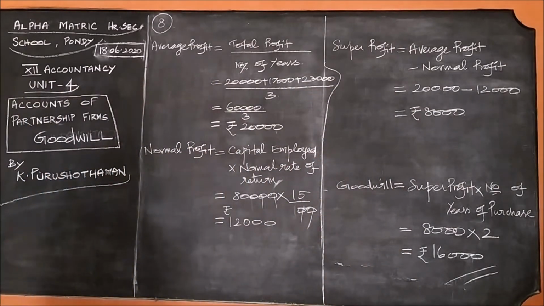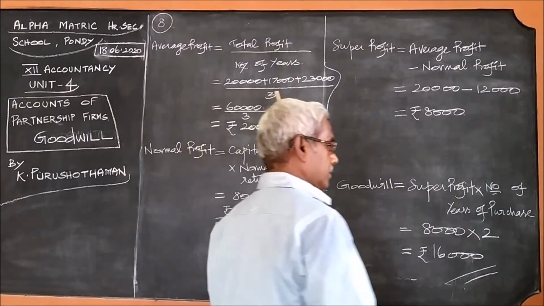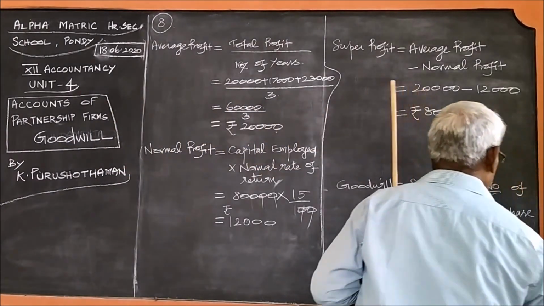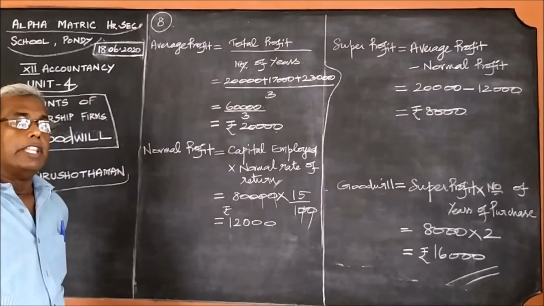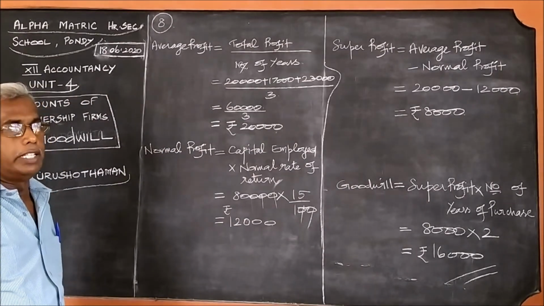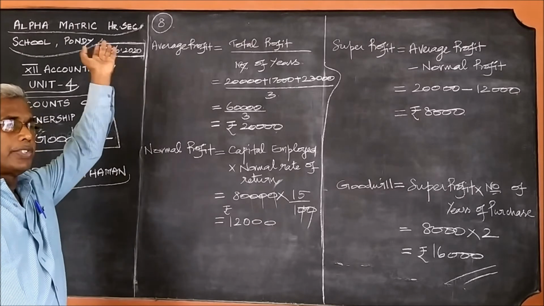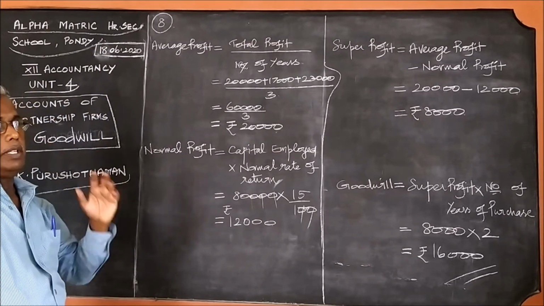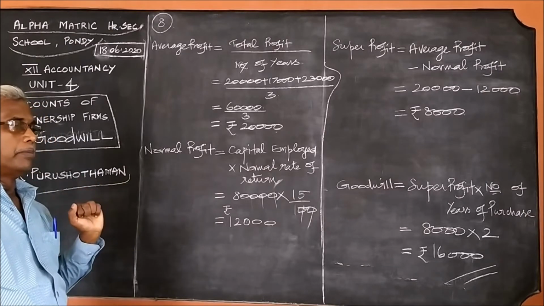Once again, I repeat the same. As I said in the beginning, there are two methods under the calculation of goodwill. One is the average profit method.